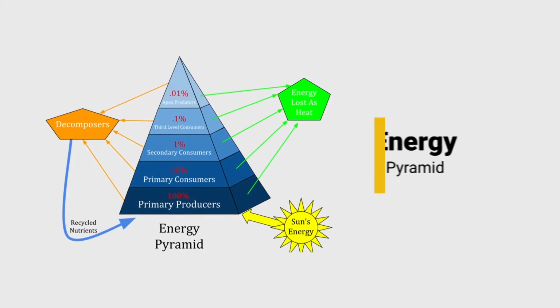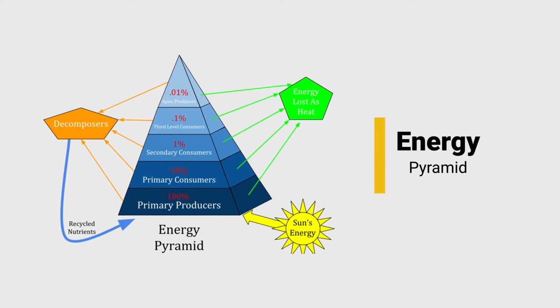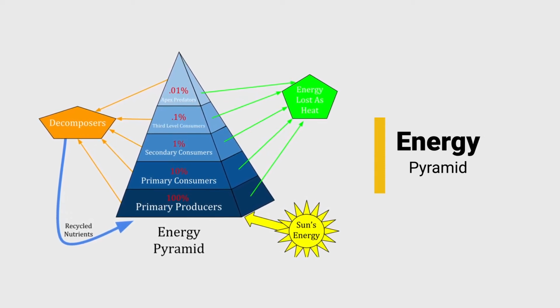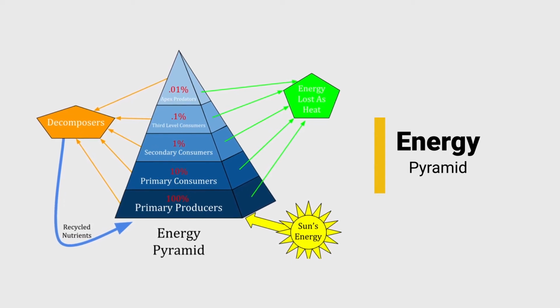Then another is the pyramid of energy. This will always be upward because energy flows in a unidirectional way, and we are going to discuss it in detail later on. There is a rule called the 10% norm.